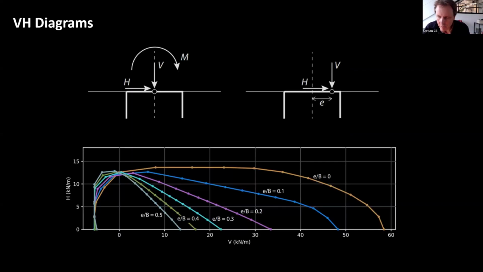And finally, also with respect to moment, so a VHM diagram, a vertical, horizontal, and moment diagram. I think an easier way to think of it is in terms of an eccentricity, because then the procedure for a standard central VH diagram applies without any real modification, and you get these VH diagrams for different eccentricities.